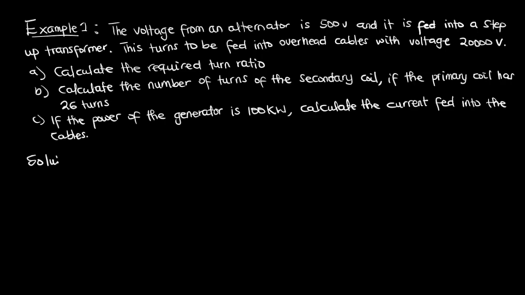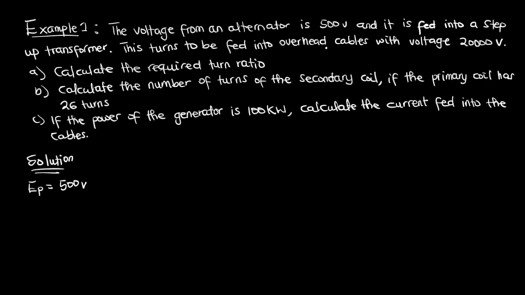So we write down our solution. Let's write down the parameters that we have. They say the voltage from an alternator is 500 volts, and it is fed into a step up transformer. It means our primary voltage, EP, is equal to 500 volts. Now this is then fed into an overhead cable after the transformer has done its thing, stepping up the voltage.